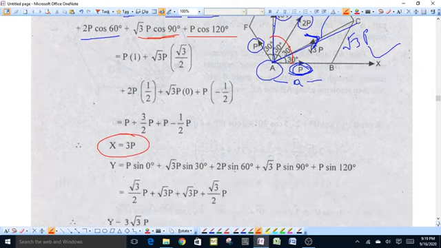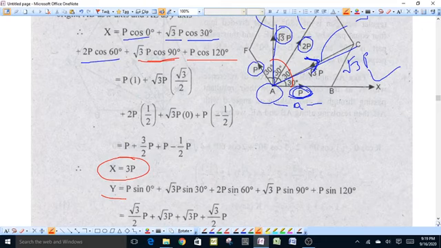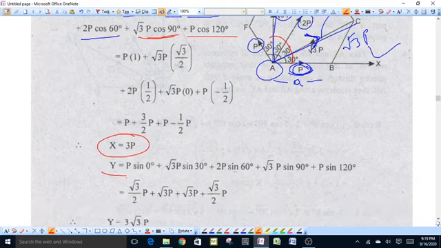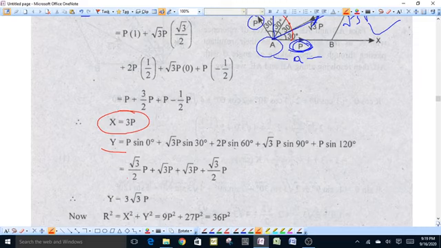Similarly, the y component of all these forces will be P sin 0. We simply replace cos by sin, and by putting in the values of sin 0, sin 30, sin 60, sin 90 and sin 120, we get y equal to 3√3P.